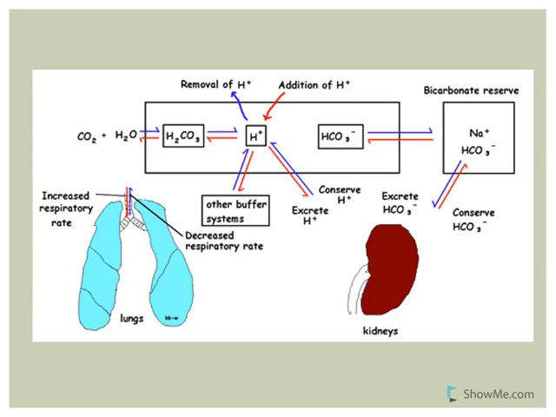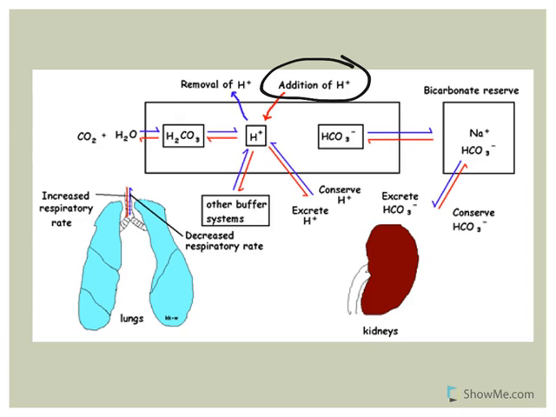So this picture is going to show you a similar thing with changes in ventilation, but it's also going to give you, really broadly, what you'd expect to see with renal compensation. So let's just look at it. I have added hydrogen ions because of producing, say, more lactic acid.